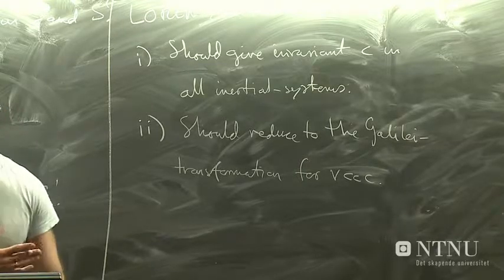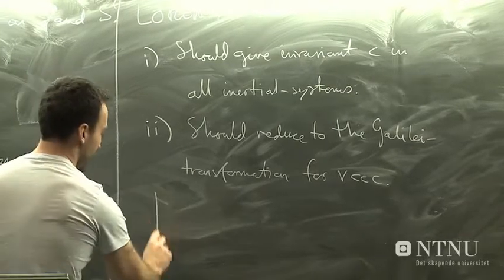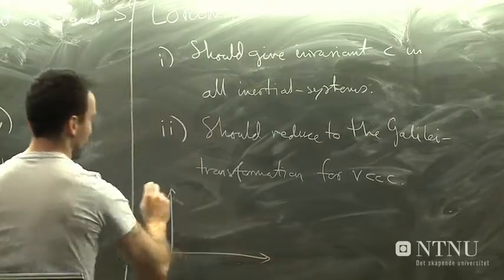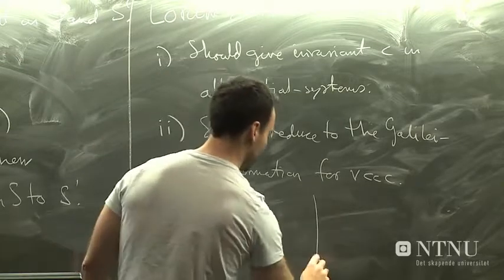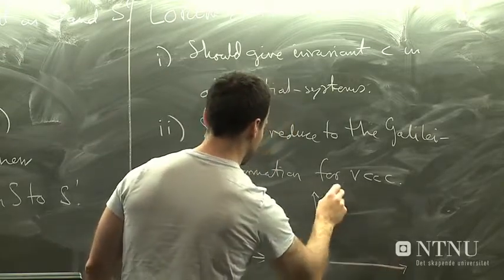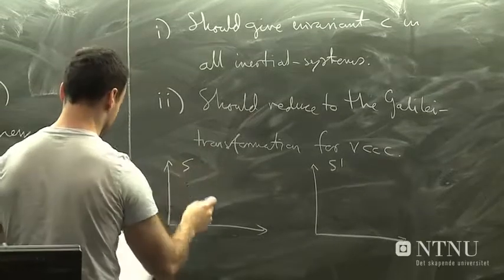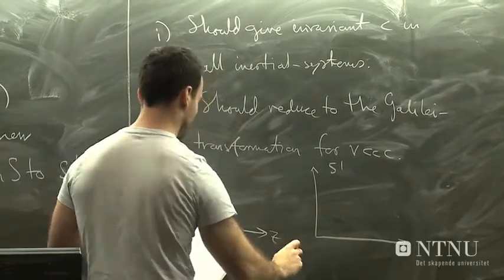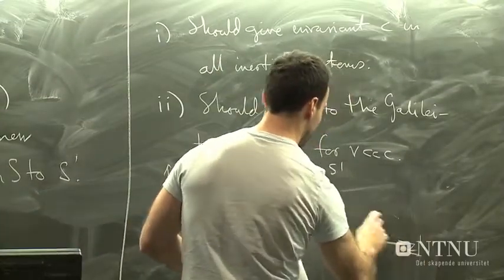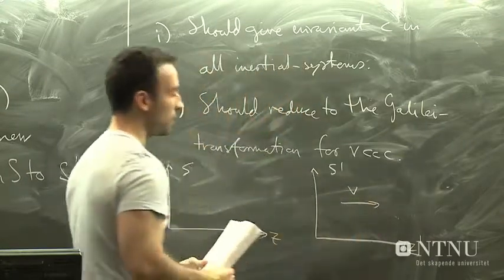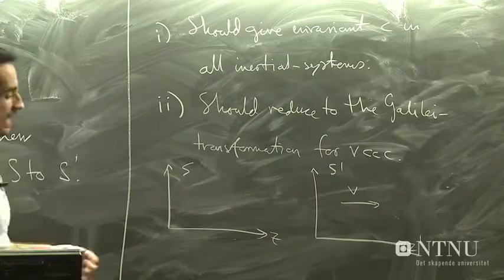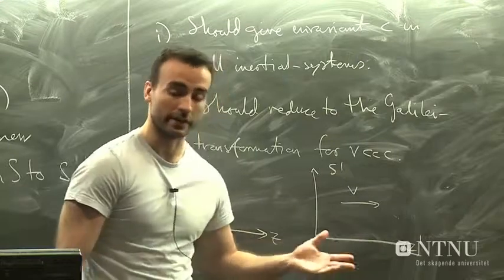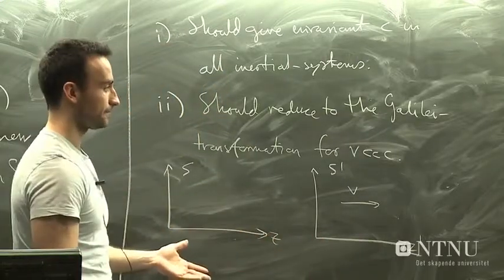So these are the requirements, and we consider a typical situation looking as follows. We have two inertial systems moving relative to each other with a velocity v, which is constant, and we take the movement without any loss of generality to be along the z-axis.